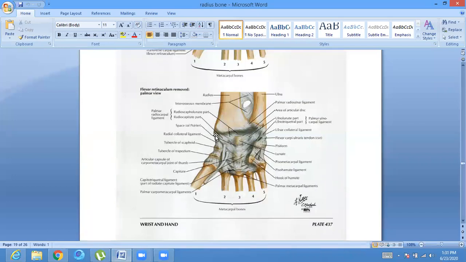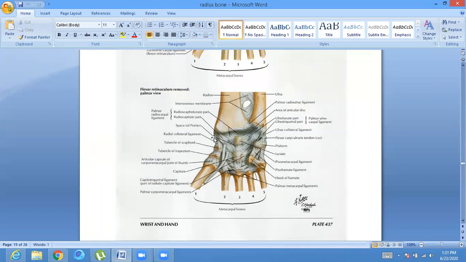So at the base of the styloid process, on the lateral surface of the lower end of the radius, a muscle inserts, the brachioradialis. And at the apex of the styloid process there is the radial collateral ligament. You can see this.